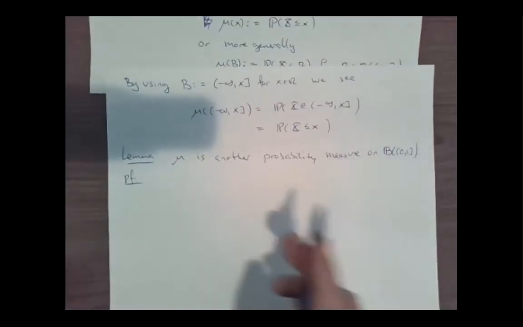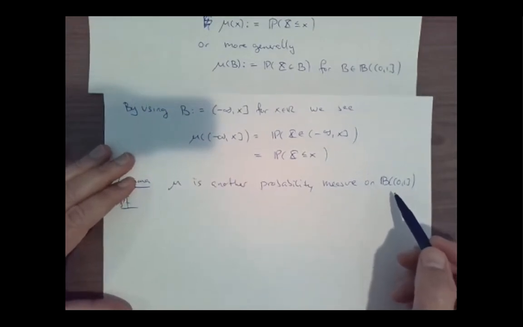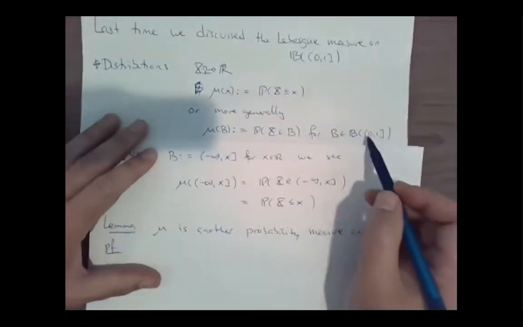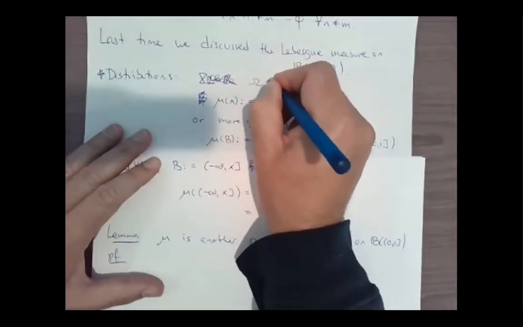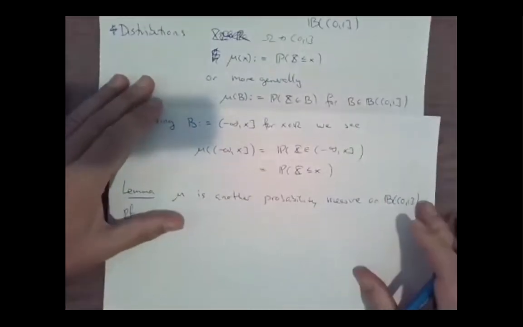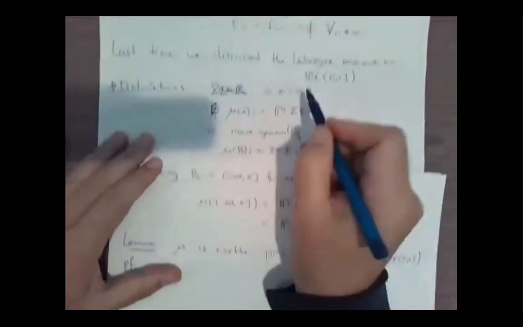So I need to check these two properties. Okay, so first, what is my omega here? If I want to have 0 and 1 here, I should probably put 0 and 1 here. Otherwise, you'll have to put R here, and you'll have to put R here.